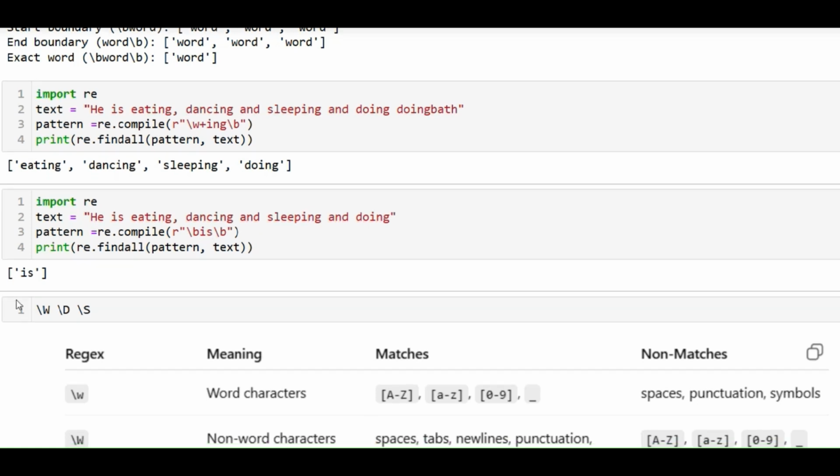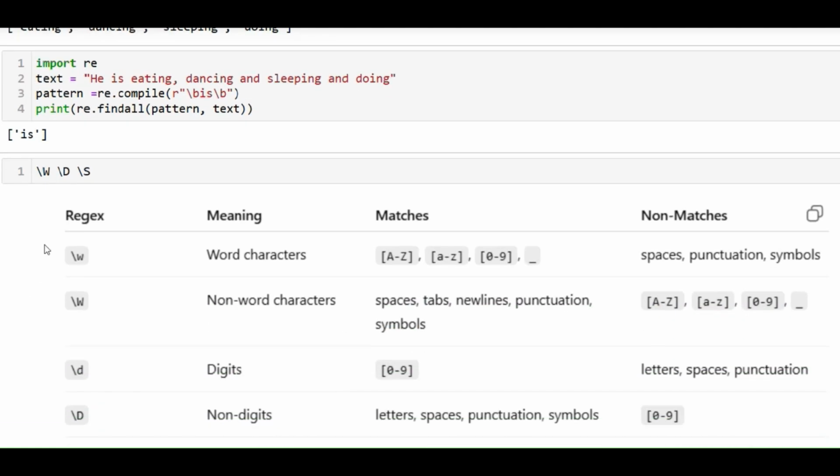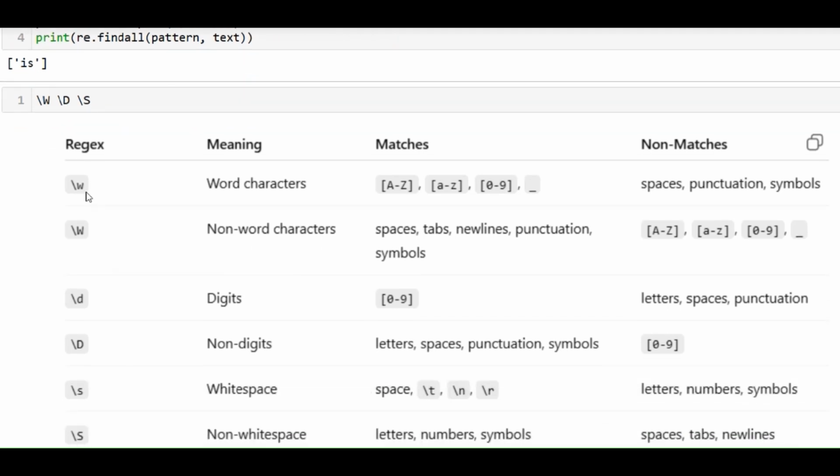Now let us move to the capital W, capital D and capital S. Small and capital W, you can see it is an inverse. Small w indicates A to Z, small a to z, and 0 to 9 and hyphen matches.